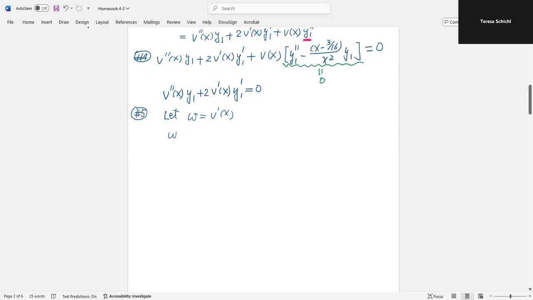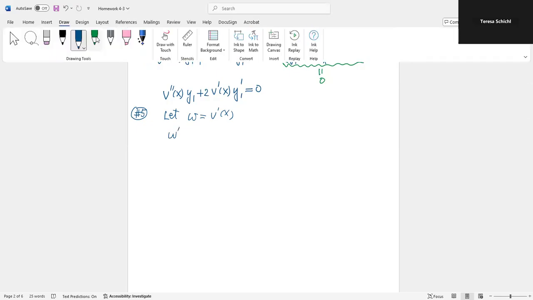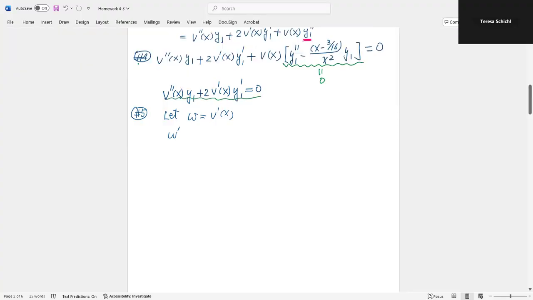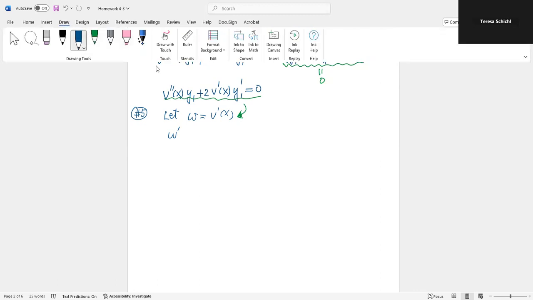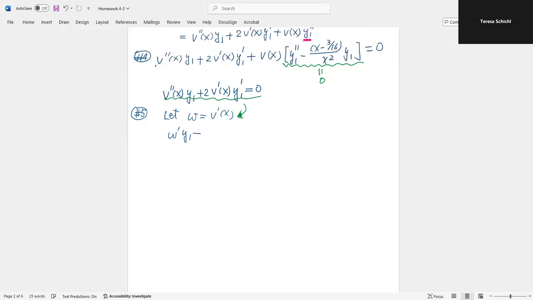Because this is v double prime, I'm going to rewrite this equation using these definitions. So w prime y1 plus 2w y1 prime equal to 0. Okay, so this is equal to 0, so that's good.